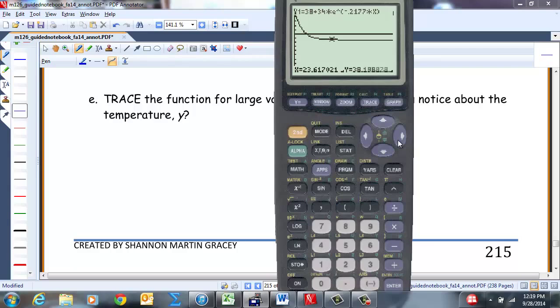What's happening? Getting pretty close to what? What do you notice? 38 degrees, right? And doesn't that make sense? Because the temperature's at 38 degrees in the refrigerator.